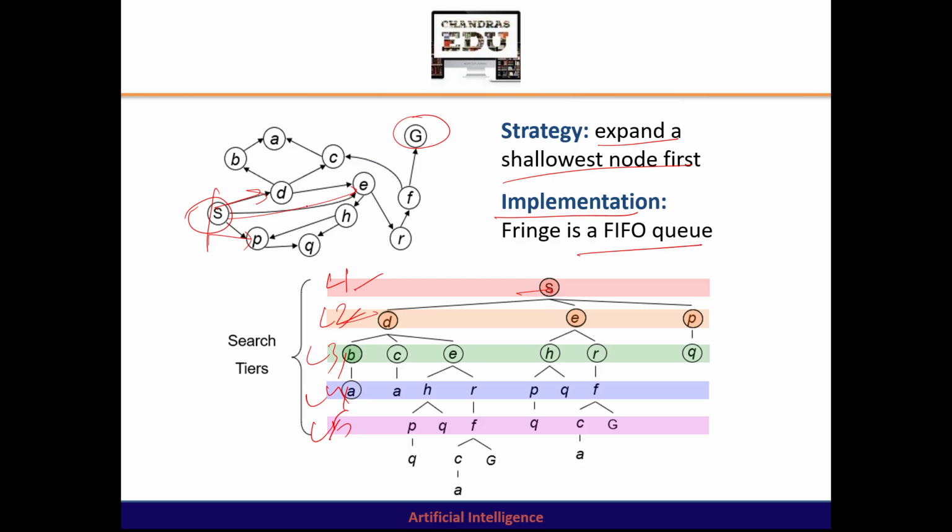So after exploring these elements, S, D, E, F, D, E, P are covered, and D will be expanded next.